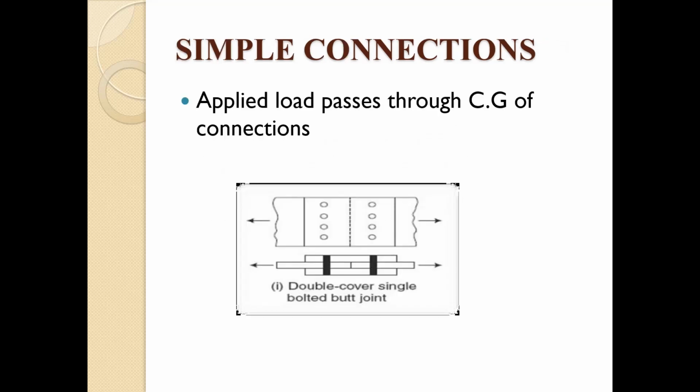So this is the simple connection we are all familiar with. The applied load passes through the CG of the connection, as you can see here. Here is the CG of this rivet group, and the load is passing through it.